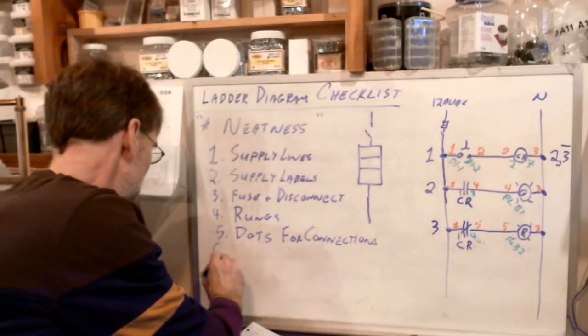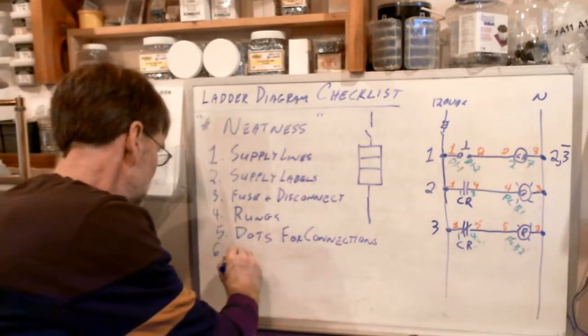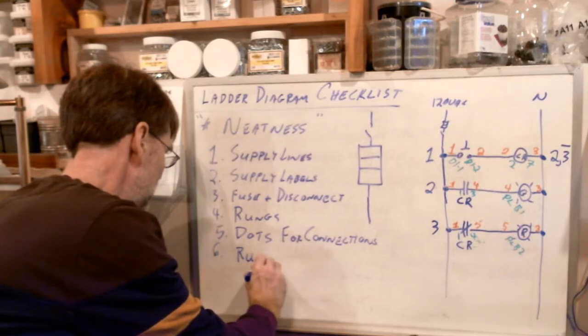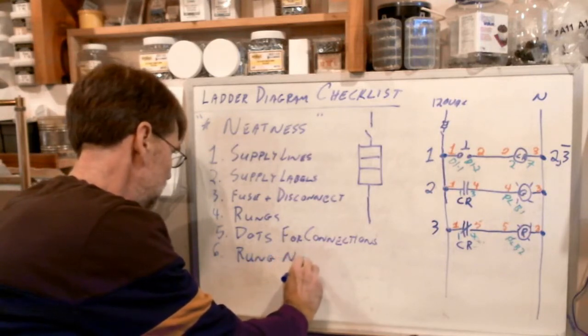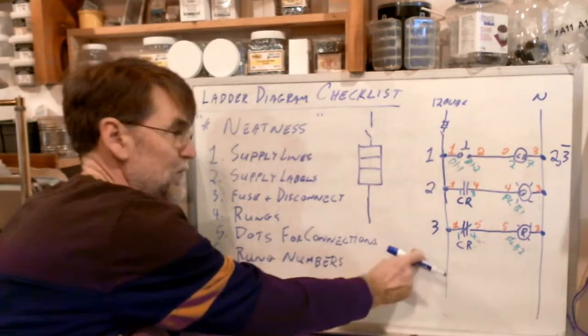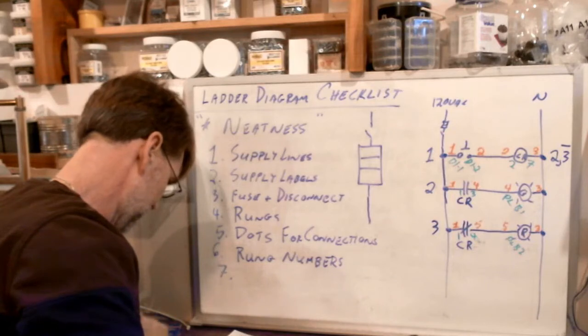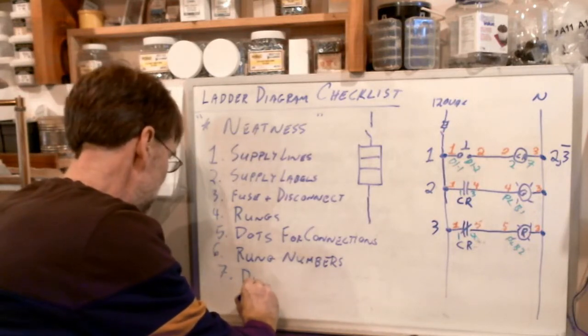6. Rung numbers. Okay, so these are the 1, 2, 3 rungs. 7, device labels.